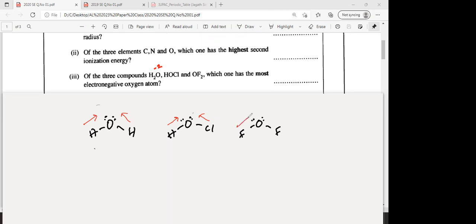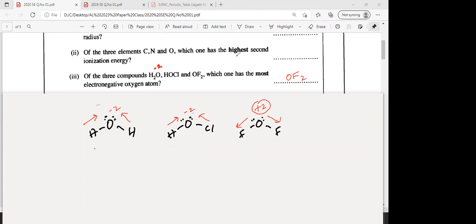In OF2, the electrons are attracted away from oxygen, so it becomes +2. Oxygen's oxidation number is +2. Higher oxidation number, but no charge on any of these. Charge will also affect. Now you can easily decide: OF2 has +2 oxidation number. Therefore, the most electronegative oxygen atom will be in OF2.